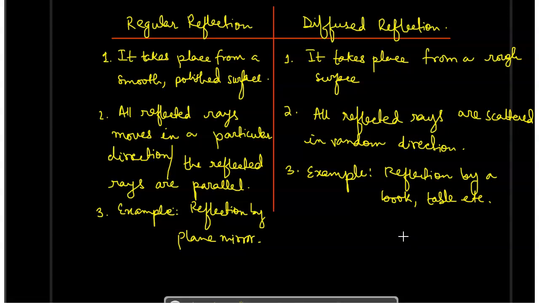Along with these three differences, you can also draw a ray diagram. So let me show how you will draw a ray diagram for regular reflection and diffused reflection. Let me first write down the headings: regular reflection, diffused reflection.